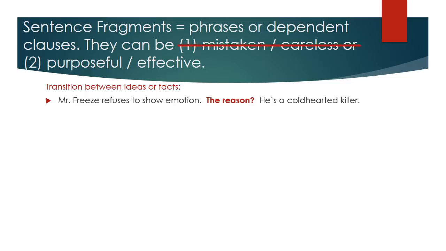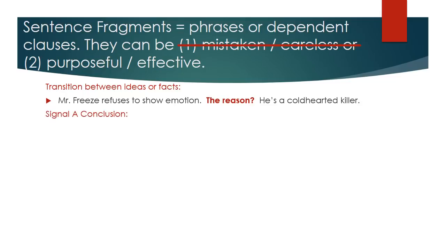But by putting a question mark after the subject, we're being presented essentially with a rhetorical question in fragment form, that transitions us from the fact that he shows no emotion to why he may not show that emotion, right? So it's an effective way to get us to that point.